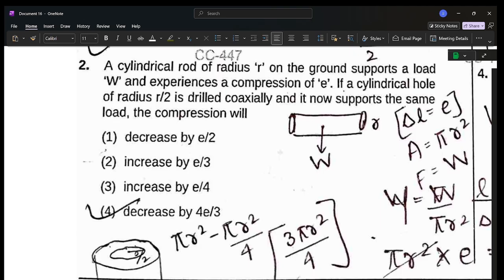But the usual formula they've used is Y is equal to F by A, delta L by L. Okay, now this is all they've done. So I am supposed to get the answer. I got it as 4, but okay, fine. Let me check it out.